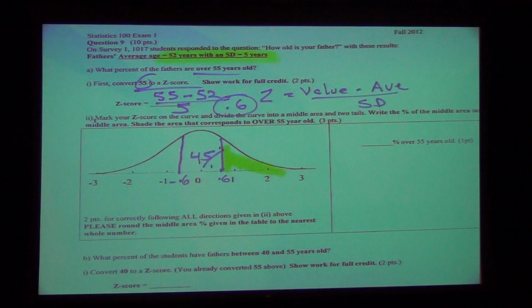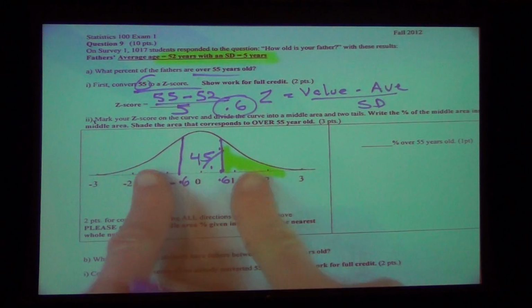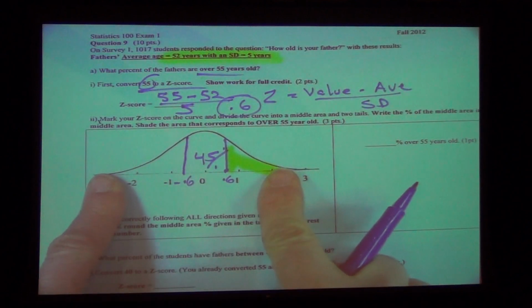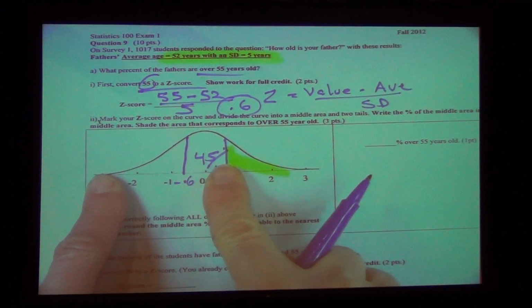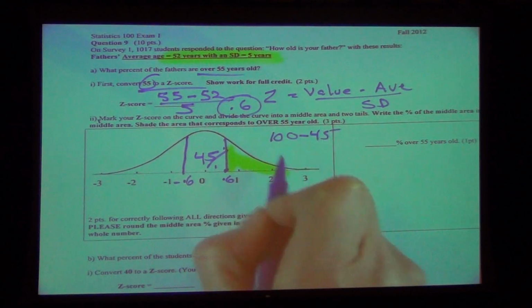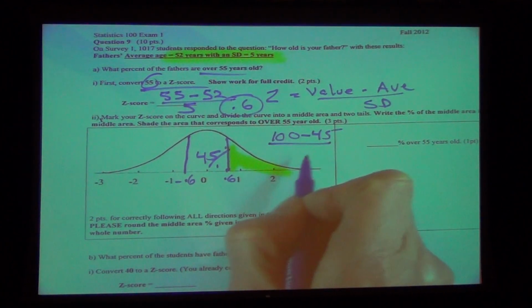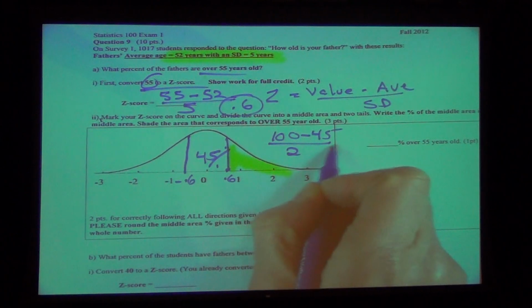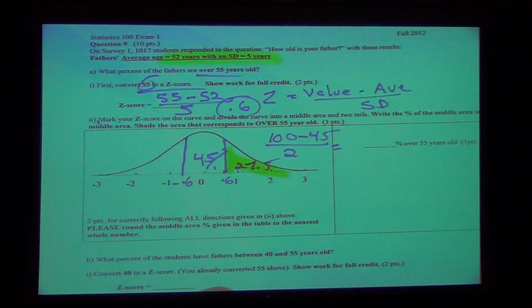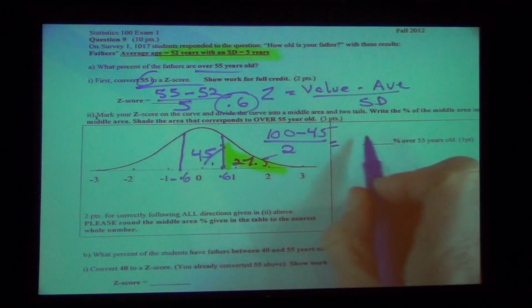Right? So now these two together have to be what? 55. So it's just going to be 100 minus 45, which is 55, divided by 2. That is 27.5. Okay? So that's our answer.